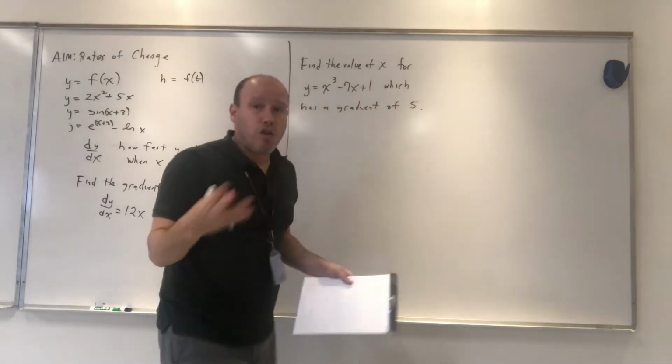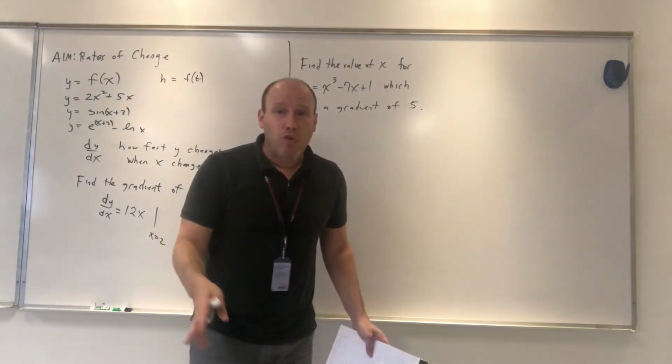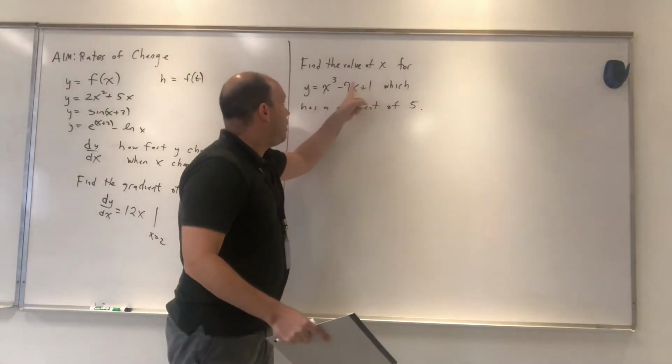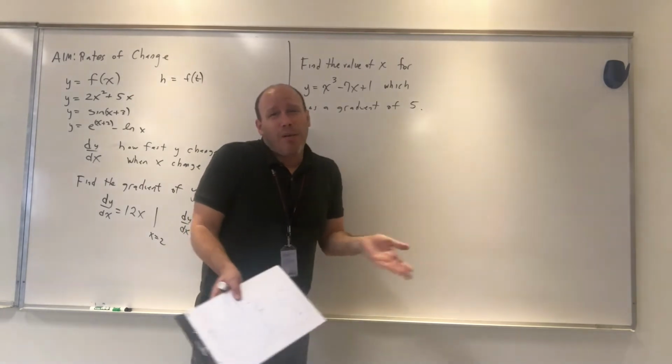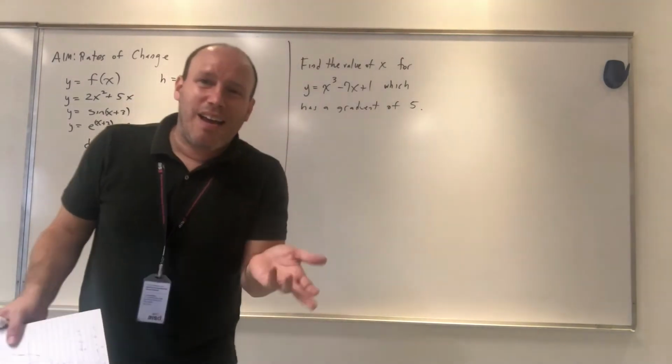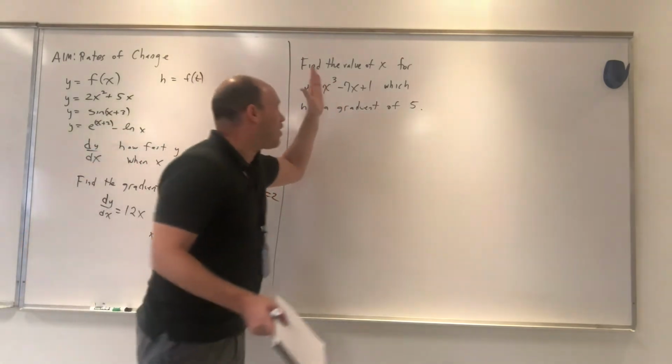So what I want you to do now is go to Desmos, put this function up, kind of sketch it in your notebook, and think where you think the surfboard has a slope of 5.